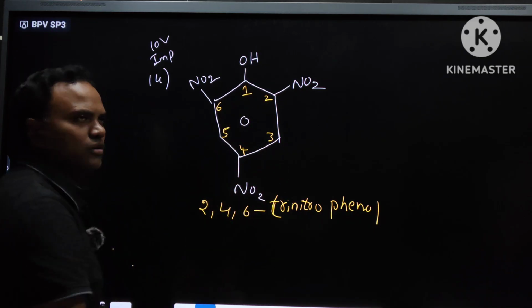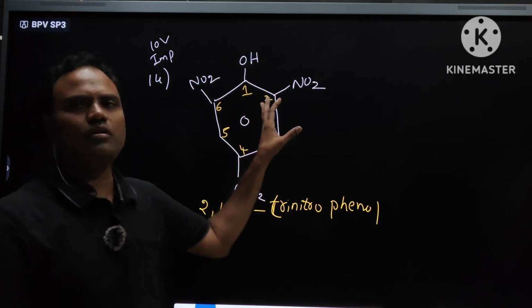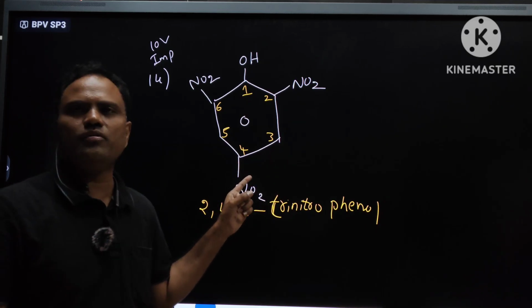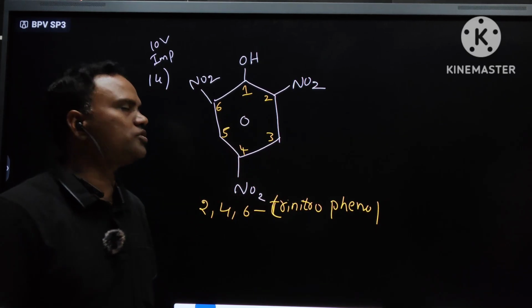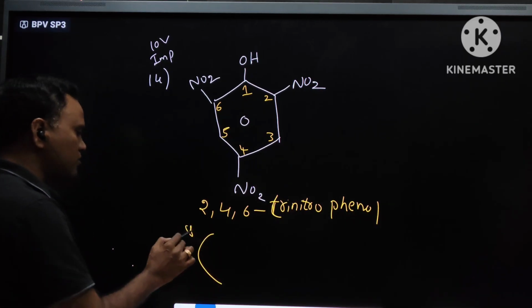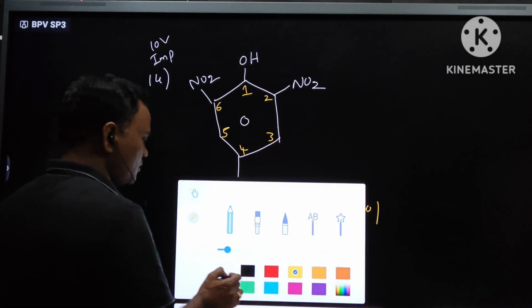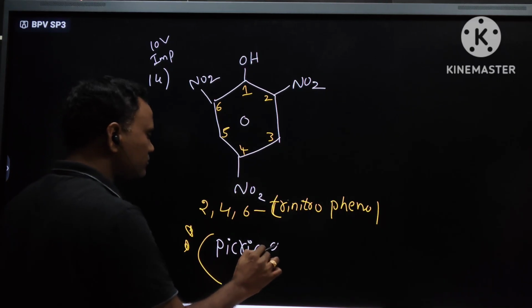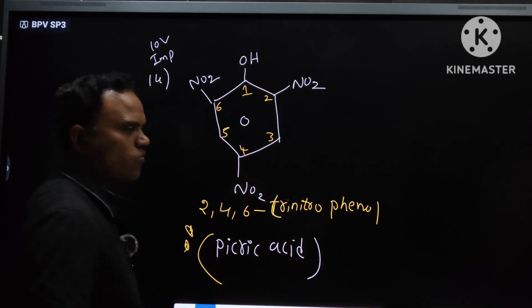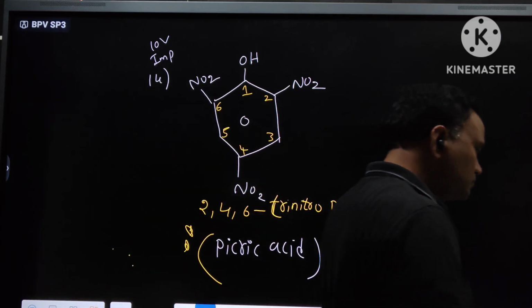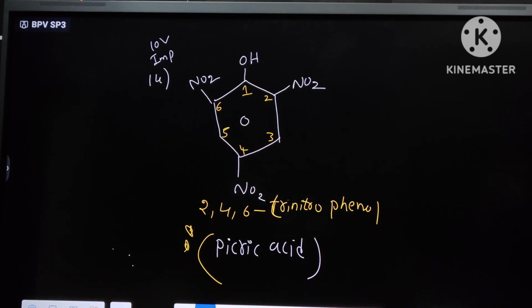To the phenol, at second position NO2 is there, at fourth position NO2 is there, at sixth position NO2 is there. 2, 4, 6-trinitrophenol. This common name is very, very important. Commonly it is called picric acid.